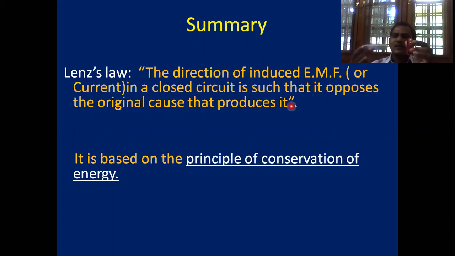Since like poles exist, there is a repulsion force, and against this repulsion force work has to be done. Similarly, when the north pole is moving away from the closed loop, this face acts like a south pole, which will attract the north pole. Therefore, here also, against the attraction force, work has to be done. Therefore, it is the consequence of the law of conservation of energy; you have to understand this.